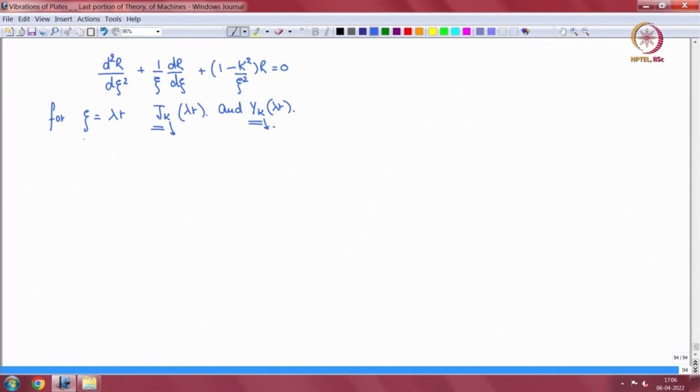Okay, and for xi equal to j lambda r, you get I k of lambda r and K k of lambda r. These are modified Bessel functions of the first and second kind.